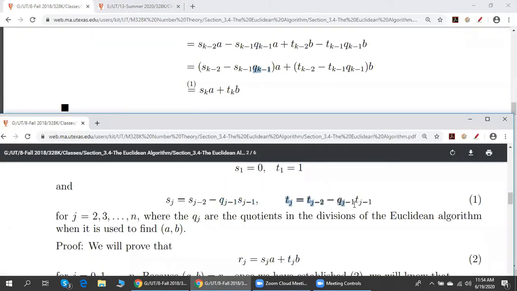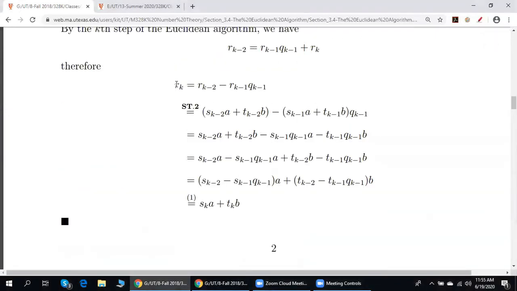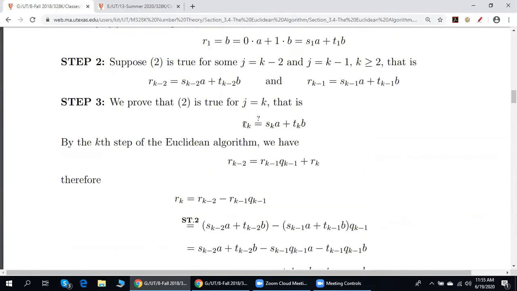Similarly, if over here we replace j by k, the left-hand side becomes tk, the right-hand side becomes what is written here, again, if we switch positions of q and t. So, rk is equal to ska plus tkb, which is exactly what we wanted to prove.